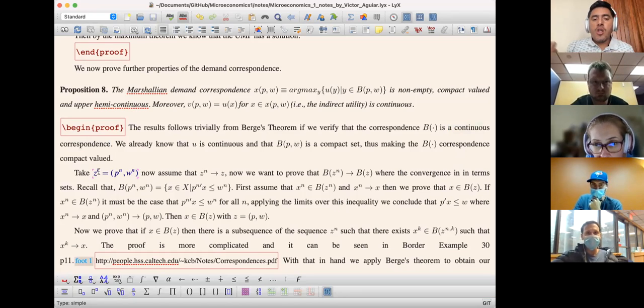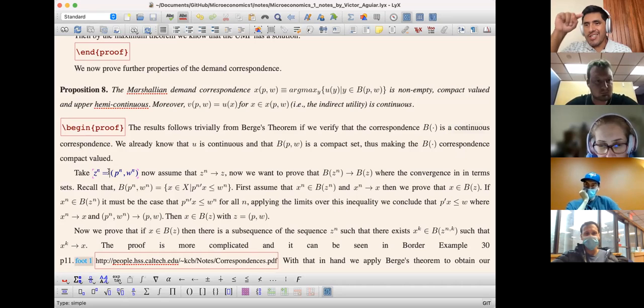Now, I'm going to do part of the proof of continuity. So remember the definition of a continuous budget correspondence. In general, any correspondence can be continuous or not. We have to check if they are. We're going to do part of the check. So take a sequence of inputs Zn, where Zn is a sequence of vectors of Pn and Wn, just a sequence of prices and income.